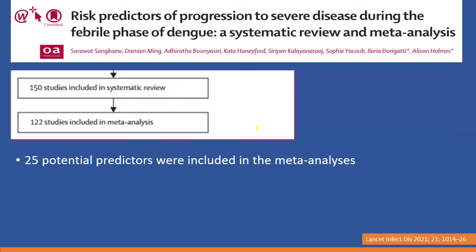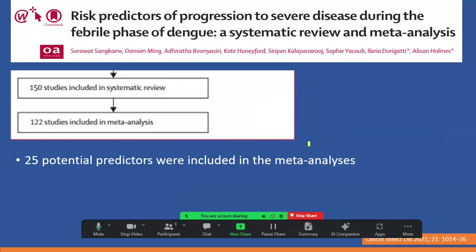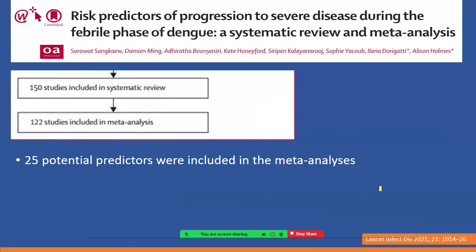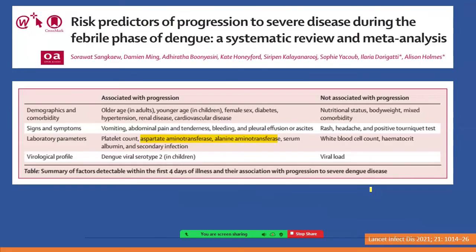Then this is another meta-analysis done to assess the predictors of progression to severe disease in patients with dengue. They analyzed around 122 studies, and after analysis of the data, they identified around 25 potential predictors that were indicators of progression to severe disease.